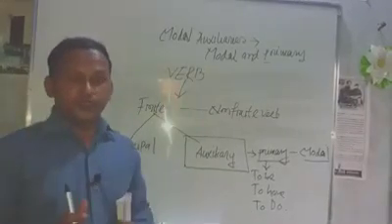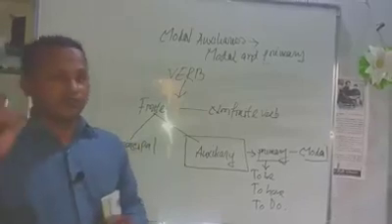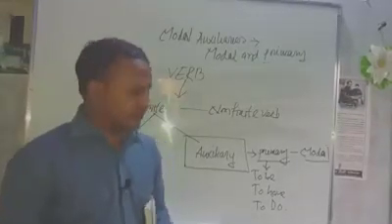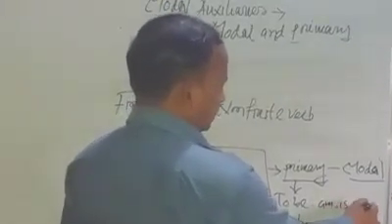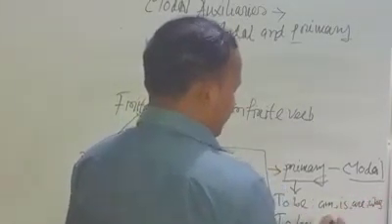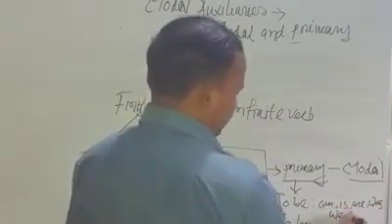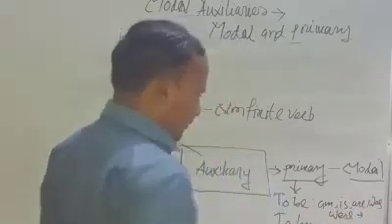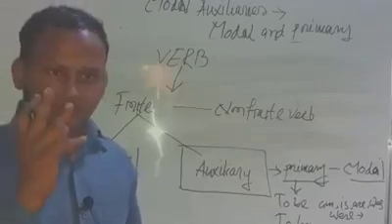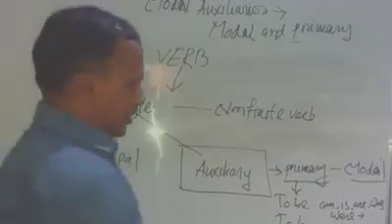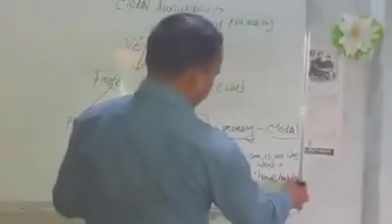Dear student, have a look please. Here are the primary auxiliaries: to be, to have, and to do. You look that the to be verbs consist of five members: am, is, are, was, and were. Clear? And to have consists of three members: have, has, and had.